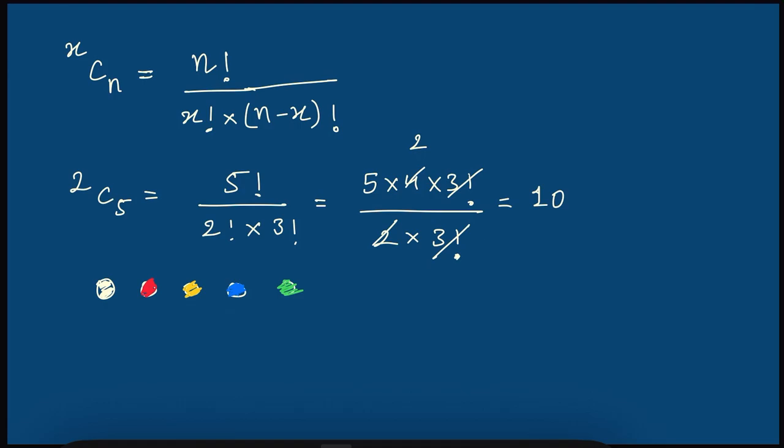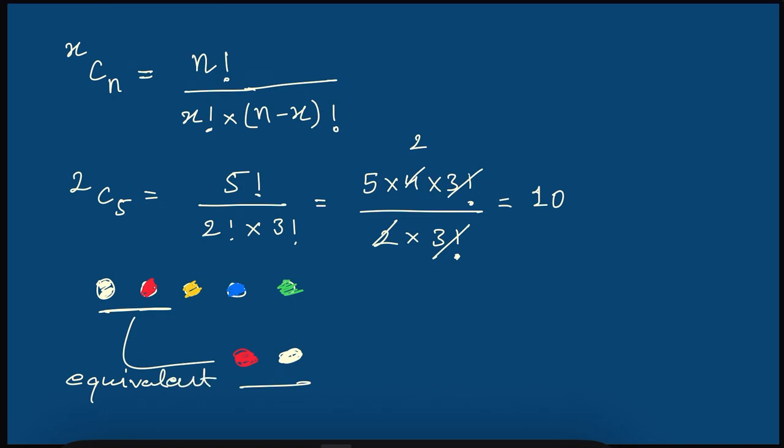Out of them I have to make combinations of 2 balls. The combination of white ball and red ball is equivalent to red ball and white ball. So these two combinations are equivalent, and order doesn't matter.